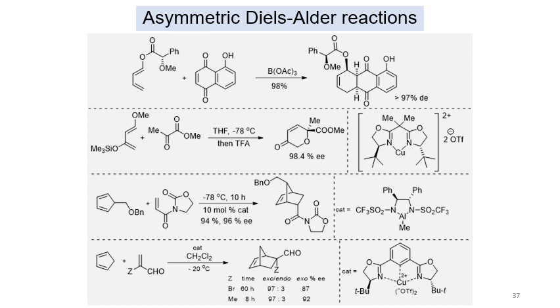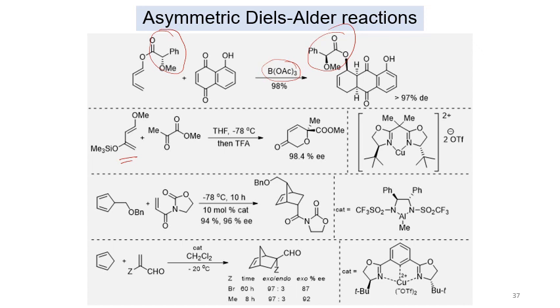So you see here, this is an example where an auxiliary type moiety is used on the diene, and this can now be hydrolyzed to get rid of the chiral auxiliary, thereby giving you an enantiomerically pure material. This reaction is catalyzed by boron triacetate or the anhydride of boric acid. This diene is called the Danishefsky diene.